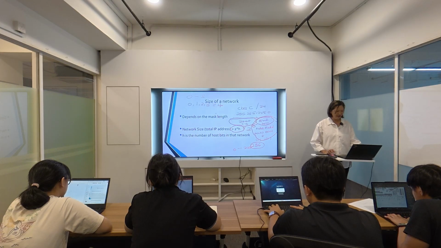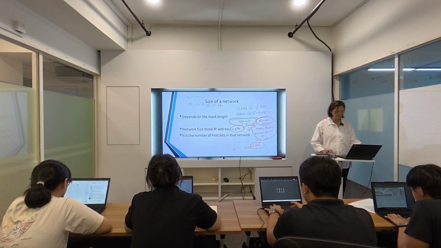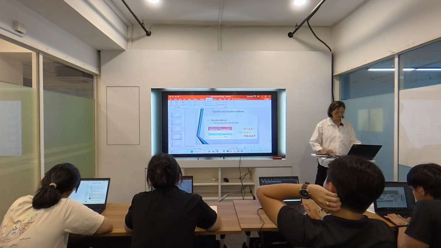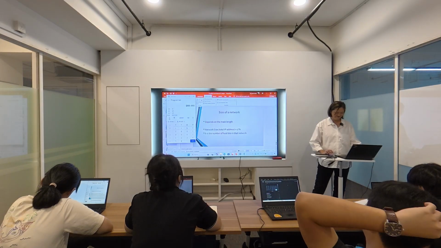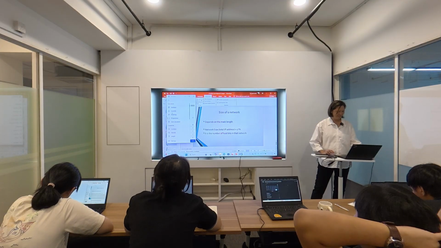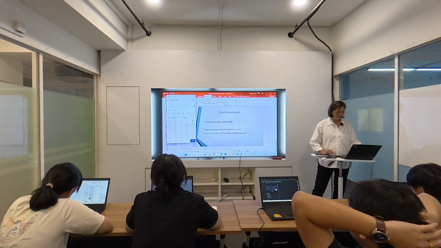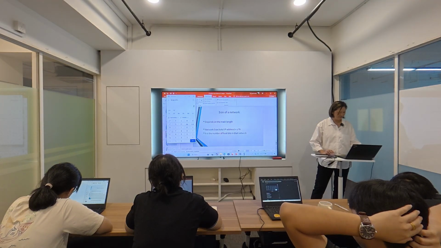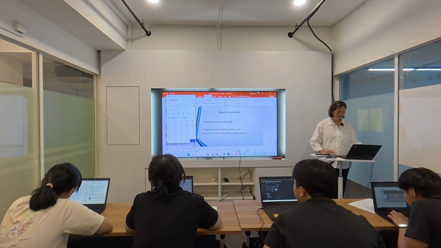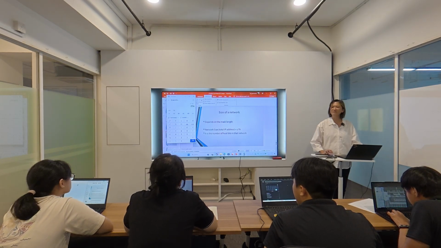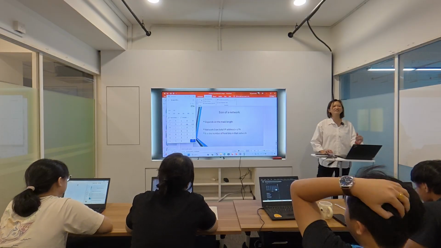Using our calculator, go to scientific, 2 power x power y, 8 equals 256. That's how we get the size. So guess what is the network size for class B?